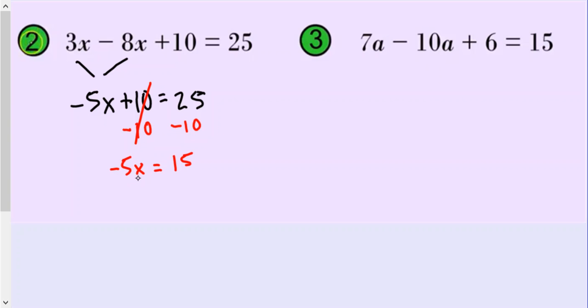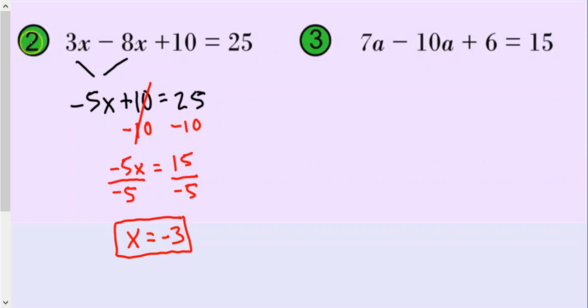Now I have negative 5x equals 15, so I need to divide by negative 5 to undo this multiplication, and we must do it to both sides. This will leave 1x over here, and then 15 divided by negative 5 will be negative 3. So x is equal to negative 3. As you're following along, make sure that you are writing these examples down in your notes.